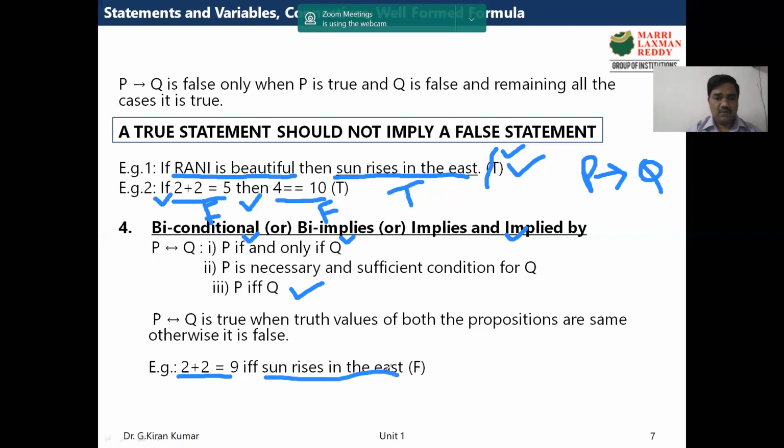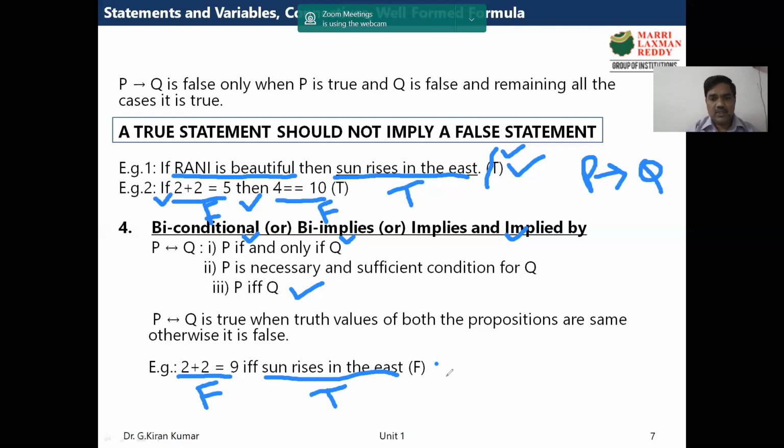How do I decide? Now see this. The first proposition, 2 plus 2 equal to 9, is false. And the second one is of course true. We know that biimplication is false in the FT case as well as the TF case. It is true only in the TT case and the FF case. So therefore this is false.